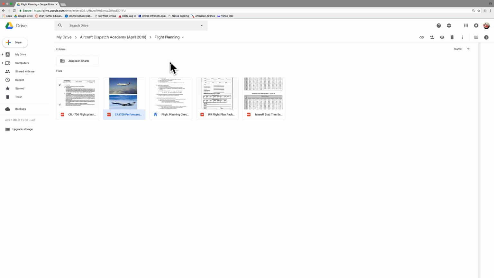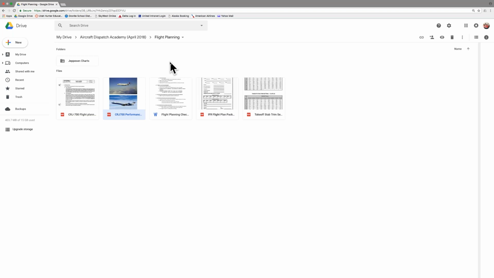Is gear extended VLE, I believe, the maximum gear extended speed? Yes, exactly. Is that one that we should know as dispatchers? No, not really.